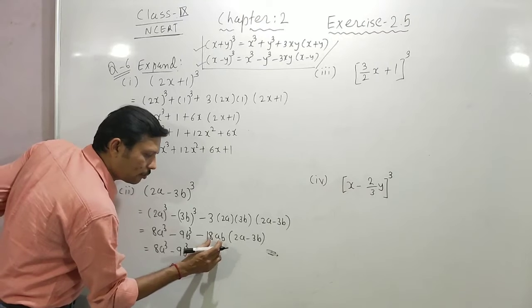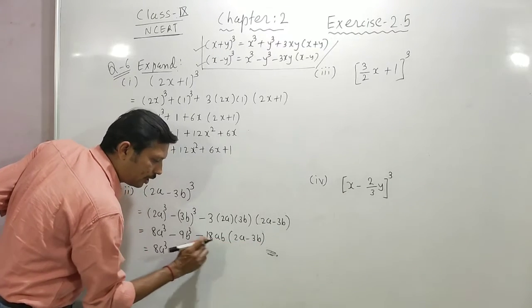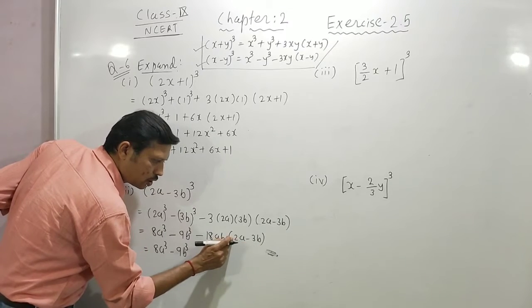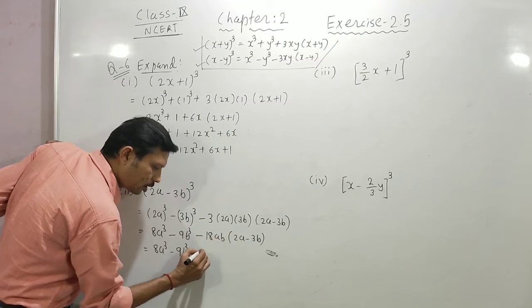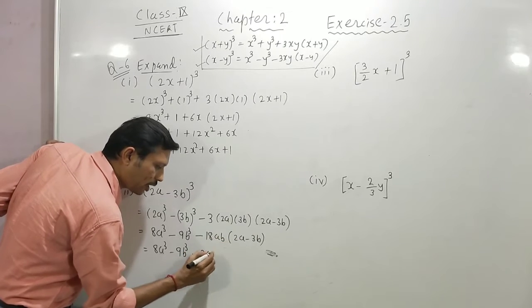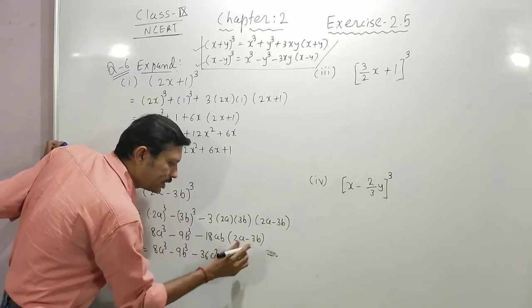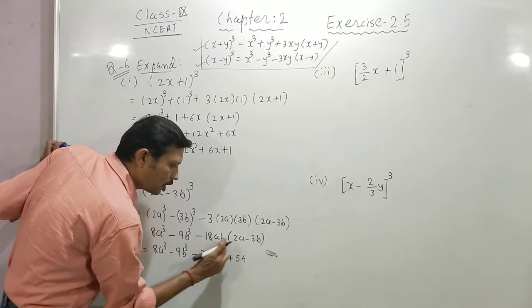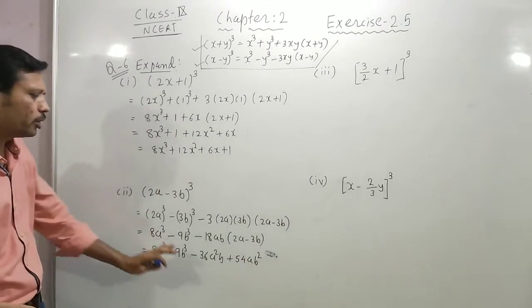When I multiply 18ab in this bracket, minus also will be multiplied, so the sign will be changed. So this plus term becomes minus: minus 18 twos are 36, ab into a, so 36a square b. Now minus times minus is plus, 18 threes are 54, ab into b, so 54ab square. That's it. No need to arrange them.